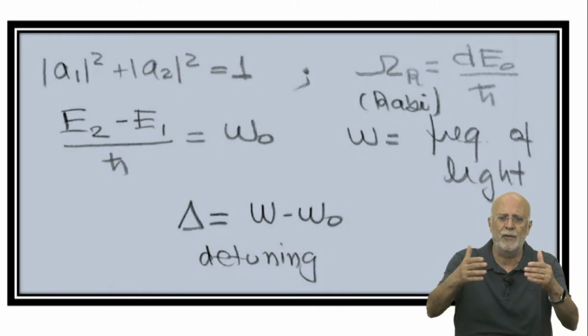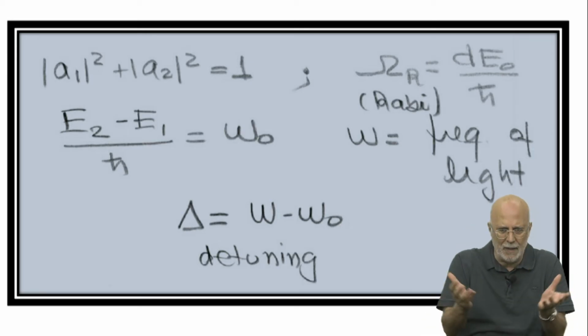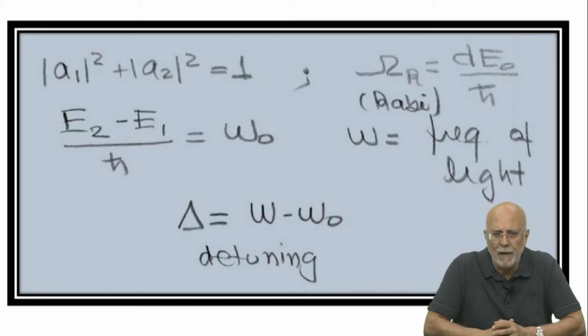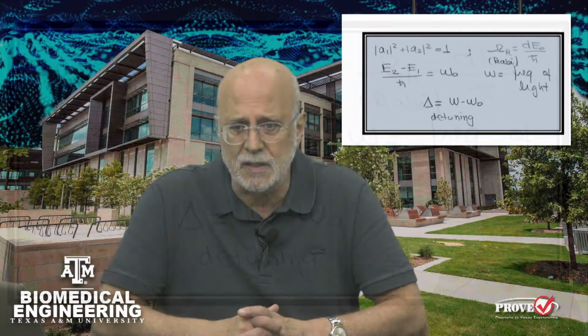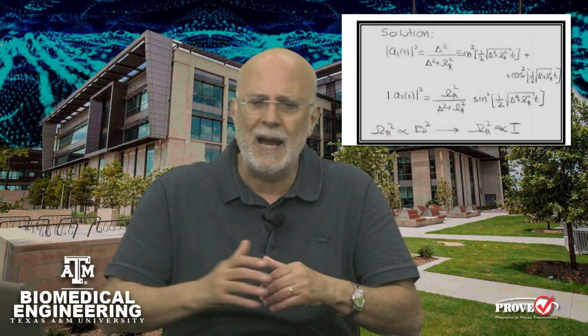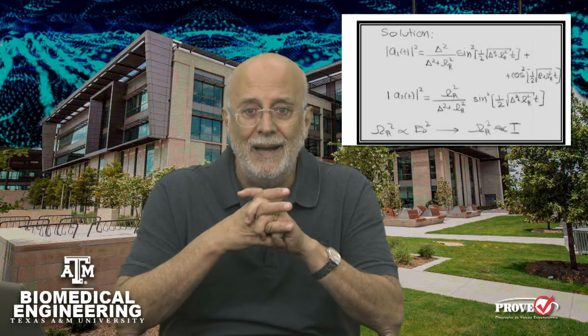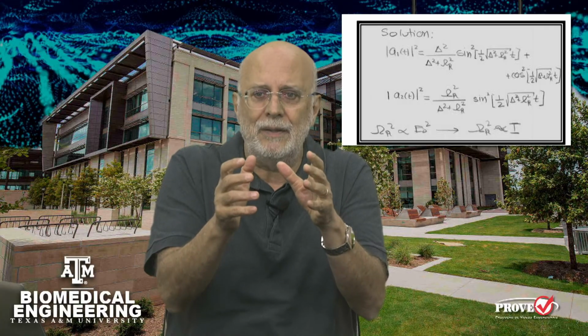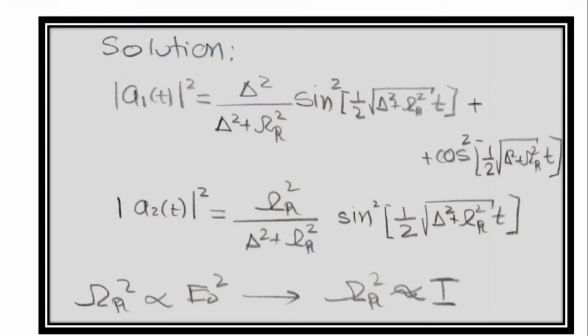So everything makes a very nice context here. With those definitions in mind, we can actually solve exactly, I'm not going to do it, but we can get how, once I turn on the light at t equal to 0 with the system in level 1, the probability of being in state 2 or state 1 builds up in time.